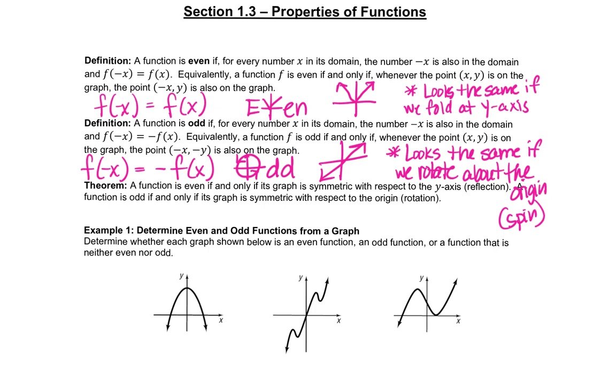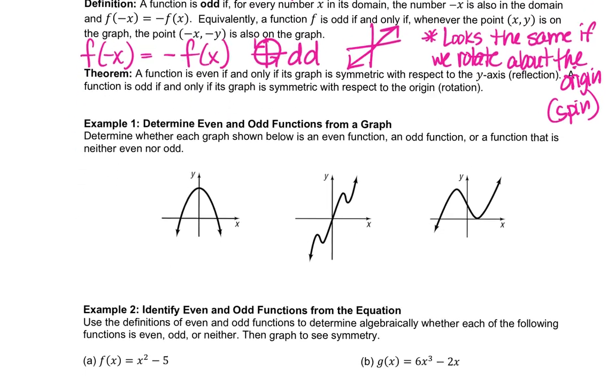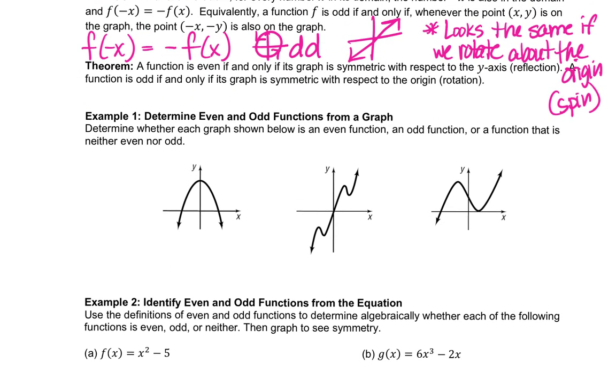All right, so just looking at a picture, you can determine if it's even, if it's odd, or if it's neither. So if you look at this first one, if I fold it along the y-axis, if that is my axis of symmetry, I can fold it and it will match up point for point. So this is an even function.